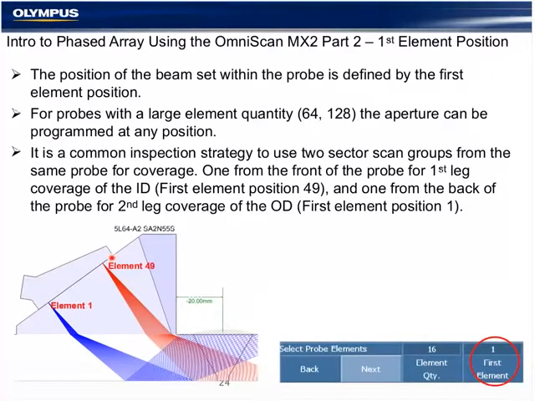So the position of the first element is going to determine the exit point in the wedge of the individual beam and the sector scan. Normally, in a weld inspection, we would exit the beam in the wedge as close to the weld as possible. So the first element position is also relative to the total element quantity.